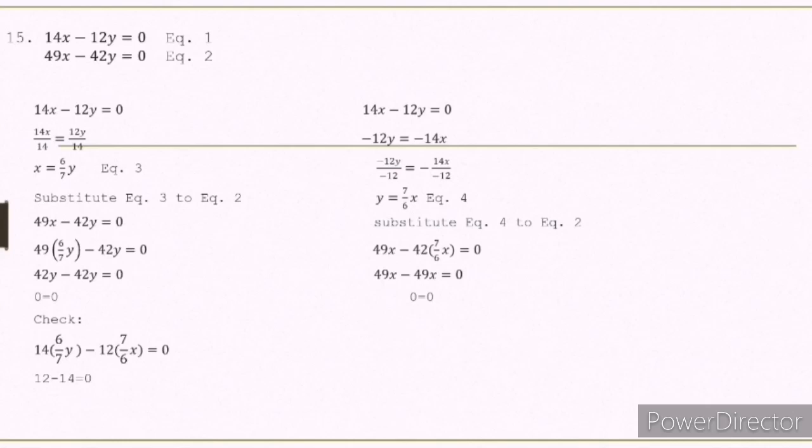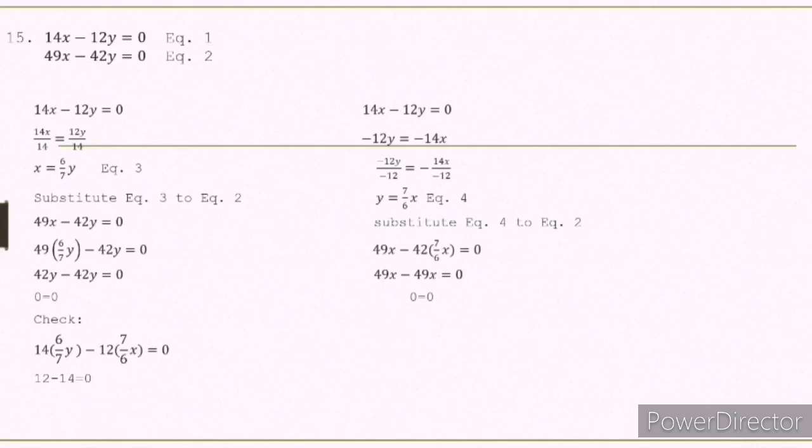Then let's substitute equation 3 to equation 2. 49x minus 42y is equal to 0. So 49 times 6 over 7y minus 42y is equal to 0. 42y minus 42y is equal to 0.